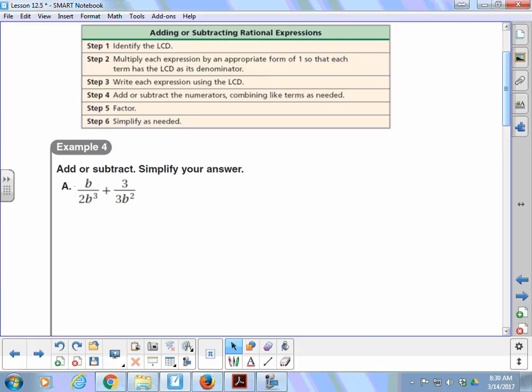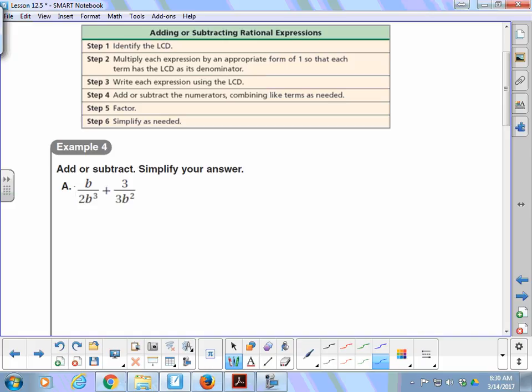In the first fraction, both the numerator and denominator have a b, so I can cancel out a b. In the second fraction, they both have 3's in the numerator and denominator, so I can cancel out the 3's. So my first step is to simplify both of the fractions.